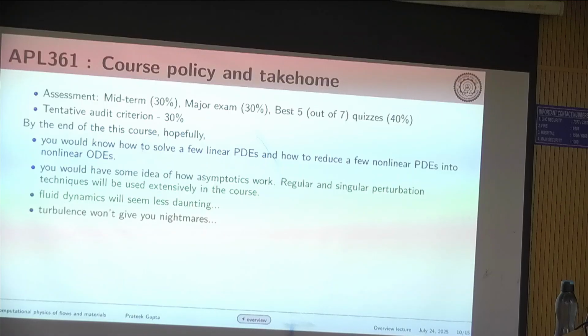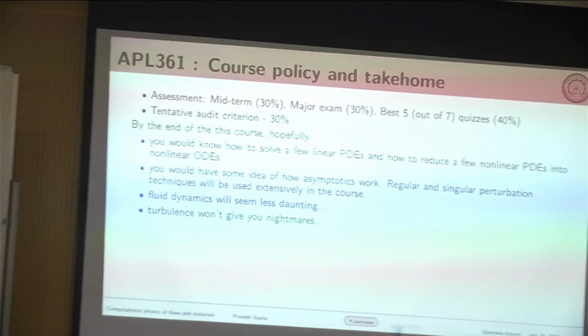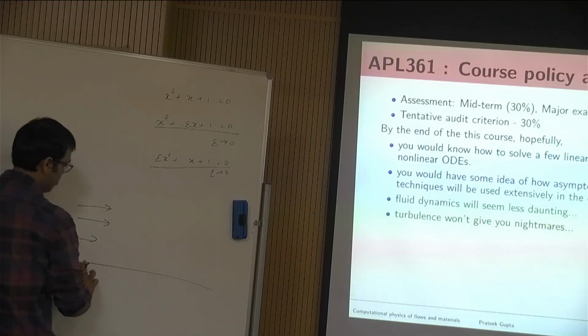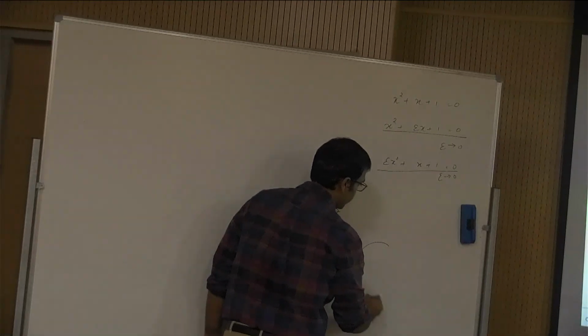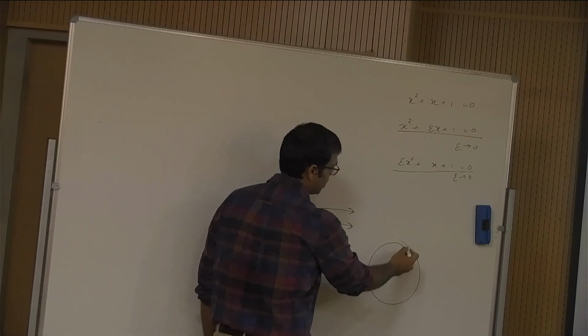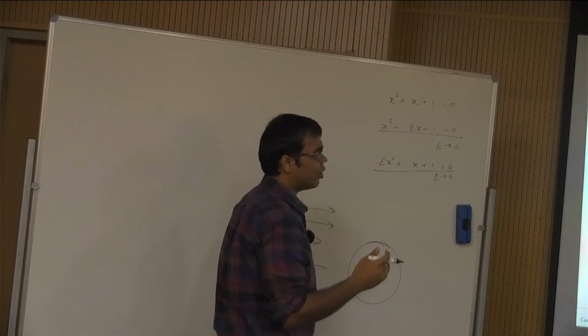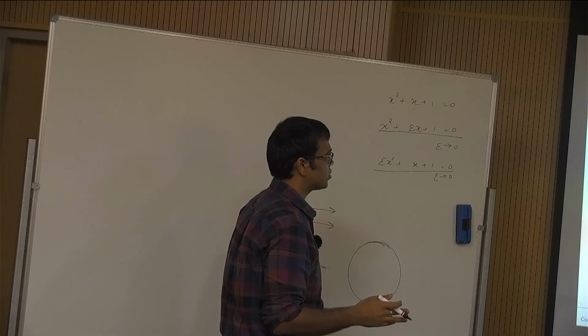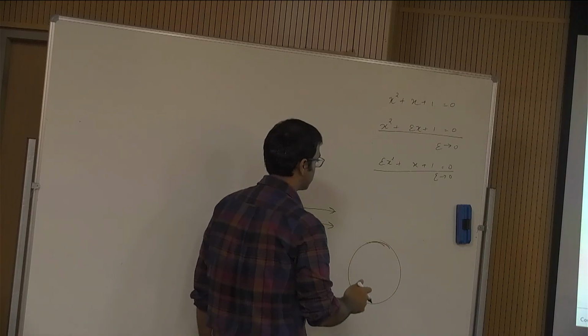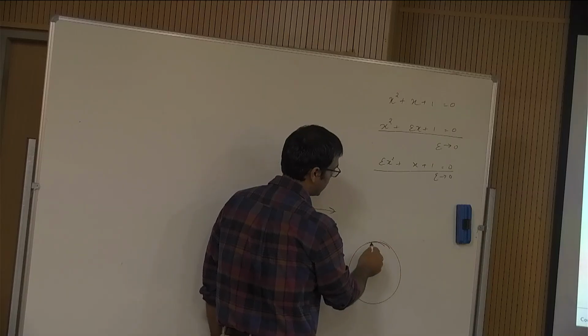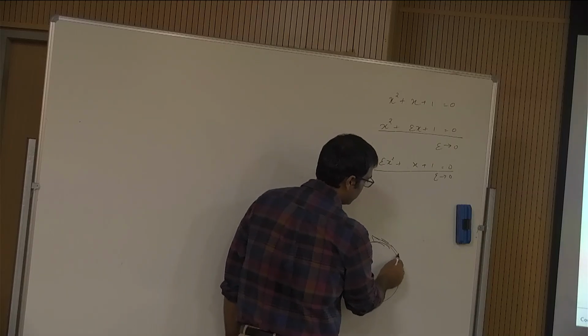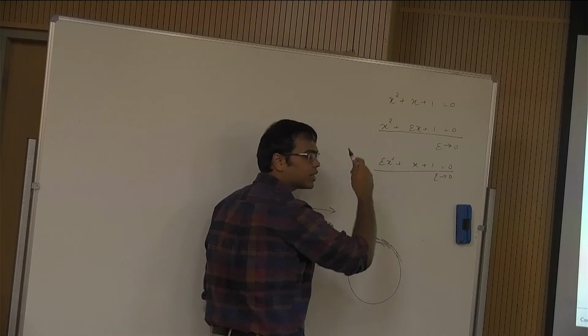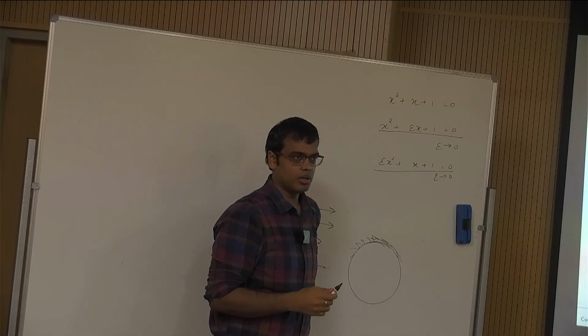Let us say you have a flow past a body. Now, in your APL 106 or AMP 262 or heat transfer courses, you know that there is a thin region where viscous effects are important, but outside that region viscous effects are not important.